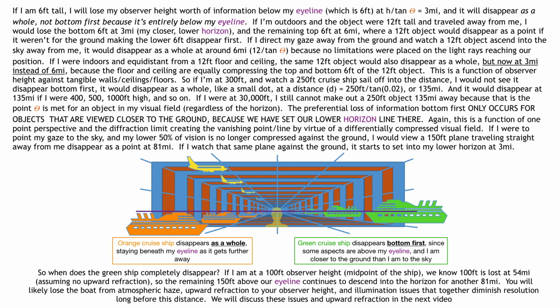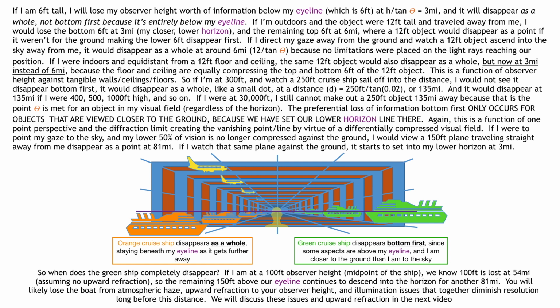So just to reiterate, let's say I'm watching another 6-foot person walk away, and I'm at a 6-foot observer height, I'm essentially looking at the back of their head. When they reach 3 miles, I will lose that person, right? What if I was watching a 12-foot boat or something like that travel away?